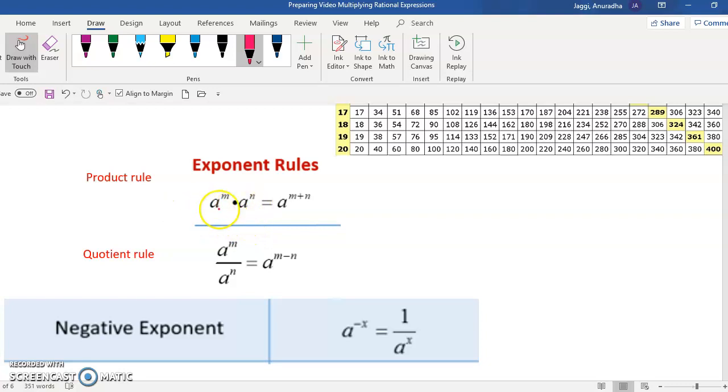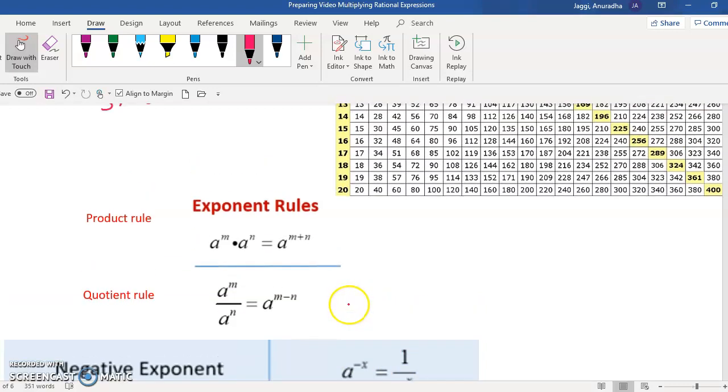When the bases are the same, the exponents are added in the product rule, when the terms are multiplied. The quotient rule is that the powers get subtracted if the terms are divided with the same base. And then there is a negative exponent rule, that if the power is negative, you make it positive by writing the reciprocal.